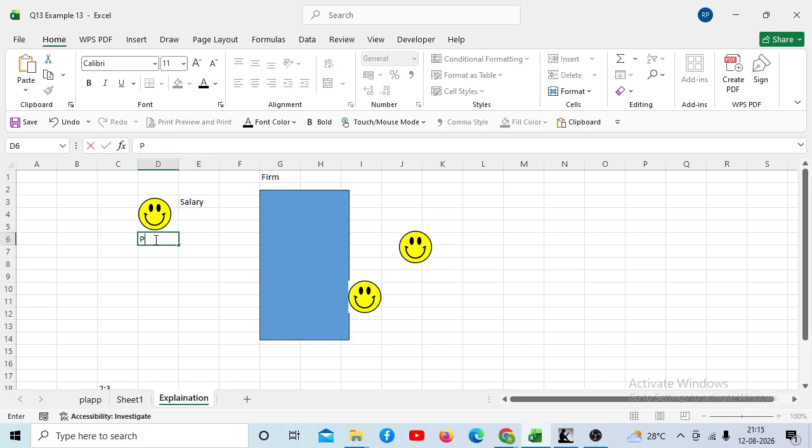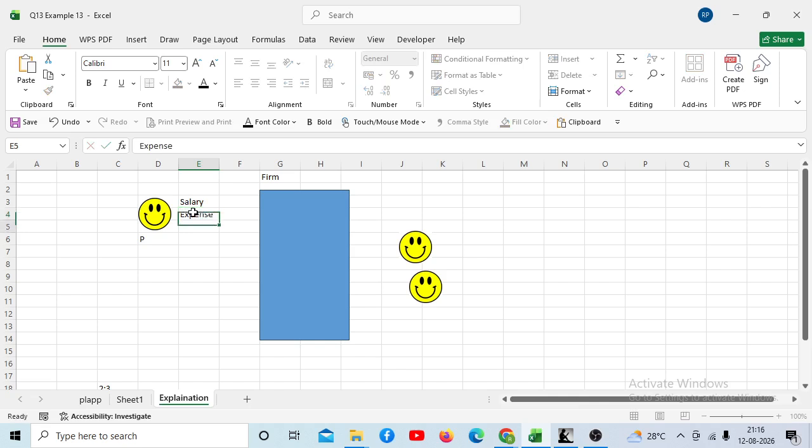So tell me, for the firm, whether it is income or expense. If the firm is giving salary to P, for the firm, whether it is income or expense. Expense, right?